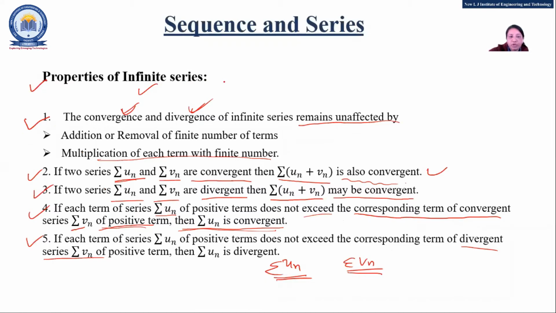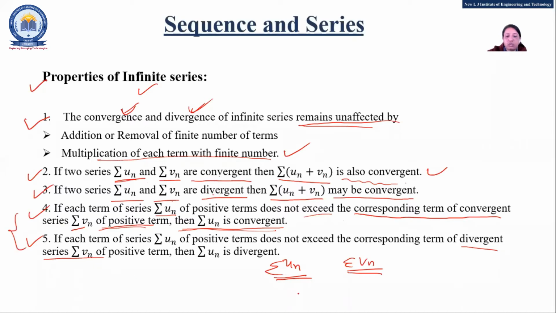So those are the properties of infinite series. If your series is infinite, it will not be affected if you add some terms, remove some terms, or multiply some terms with a finite number. If these are two series, the addition of them is convergent if both are convergent, but that is not true in terms of divergence.